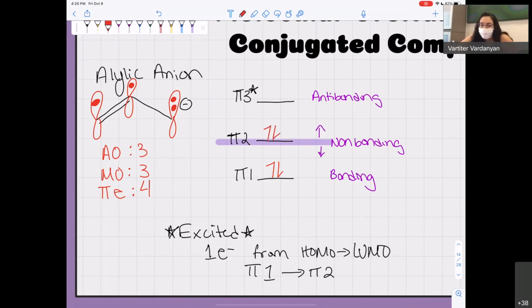So now we're going to have, bam, bam. Now pi 2 is full. So pi 2 is still going to be the HOMO. Pi 3 is still going to be the LUMO. And in the excited state, we're still going from HOMO to LUMO, which in this case would be again pi 2 to pi 3.